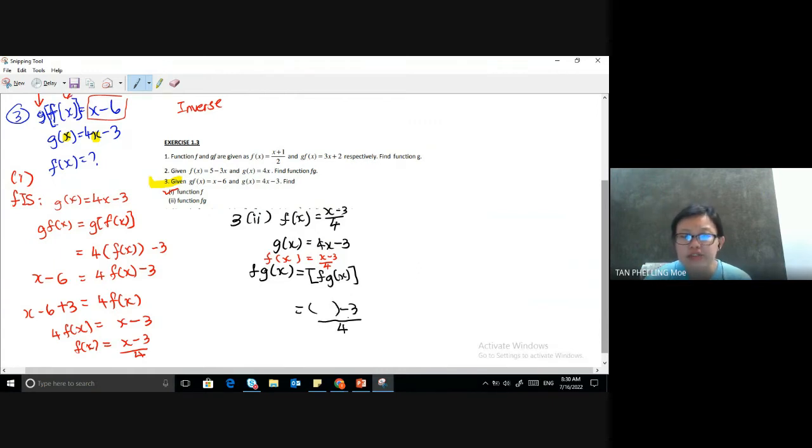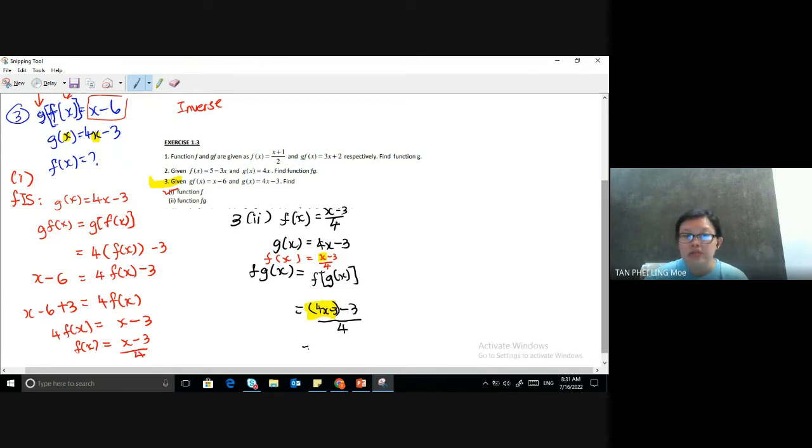The whole thing inside becomes the g(x). By right it should be f and then g(x) like that. So the whole g(x) is in the x here. Do you realize that this x has become the whole of g(x) that you are going to put in now? So what is your g(x)? 4x minus 3.